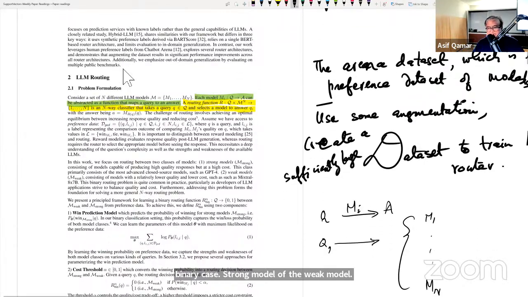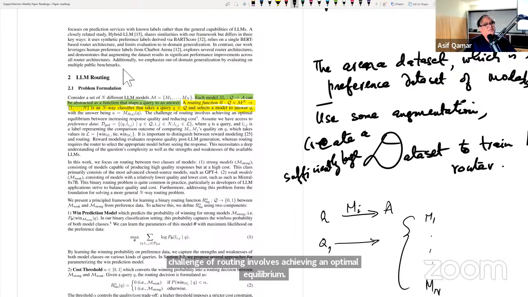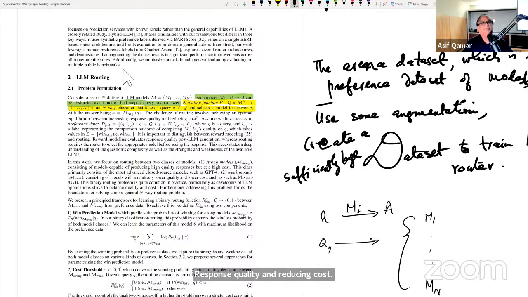The challenge of routing involves achieving an optimal equilibrium between increasing response quality and reducing cost. So you realize that there are two opposite forces. You want to improve the response quality, it comes at a hefty price. You want to reduce cost, you lose quality.